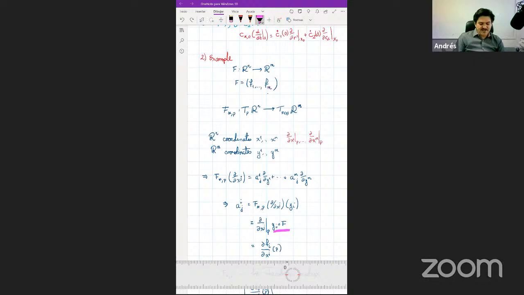So we know what is the value of this constant. And it is given in terms of the function, in particular of the entry Fi.